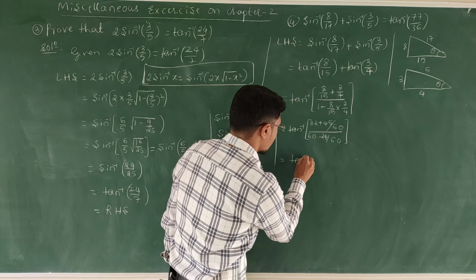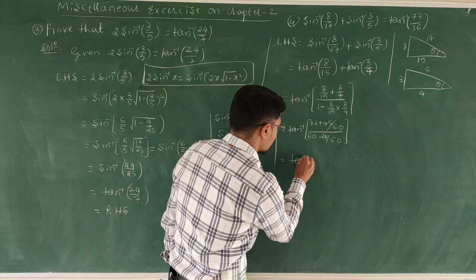Okay, next one is the 6th one: cos inverse of 12 divided by 13 plus sin inverse of 3 divided by 5 is equal to the sin inverse of 56 divided by 65.